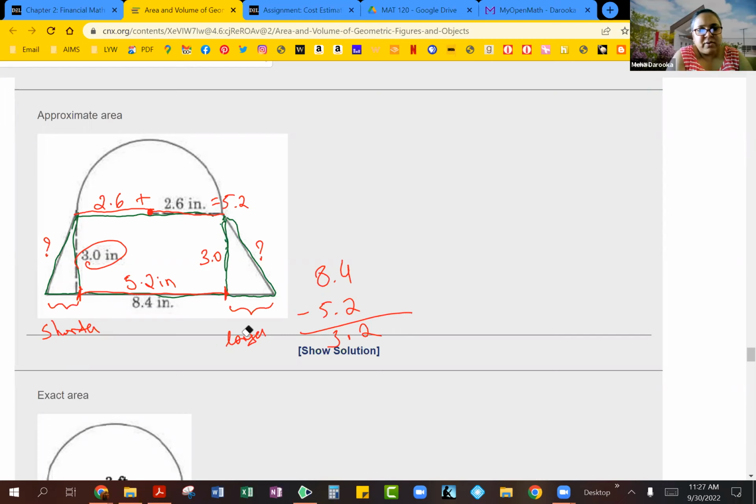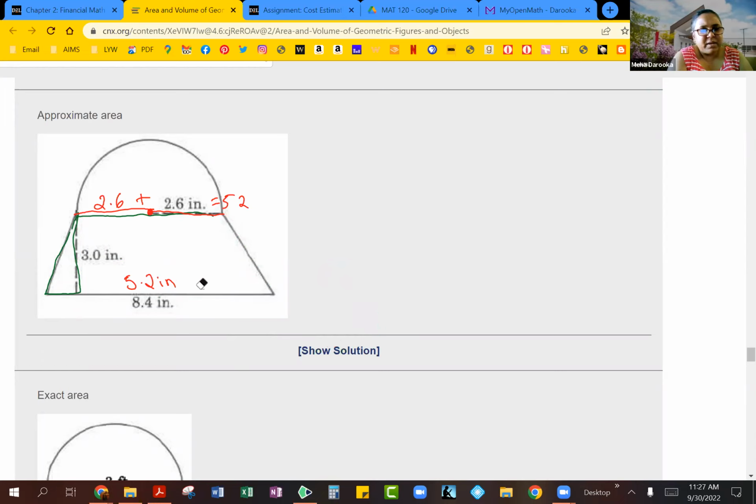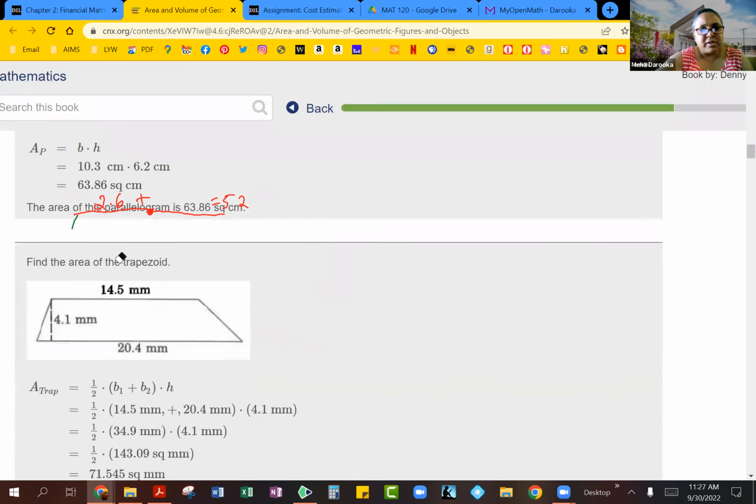So I'm actually going to go ahead and clear some of this writing out, since it's not going to help us. Alrighty, there we go. So trapezoid, and let's see if I can find our formula for a trapezoid.